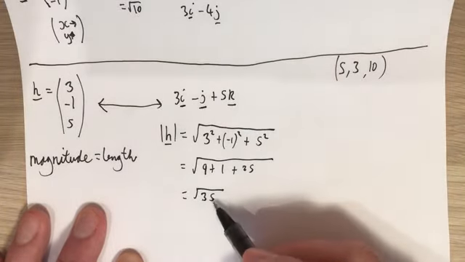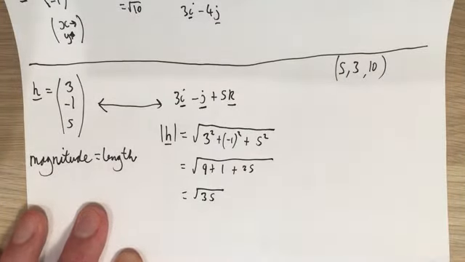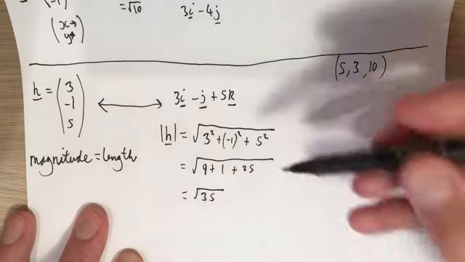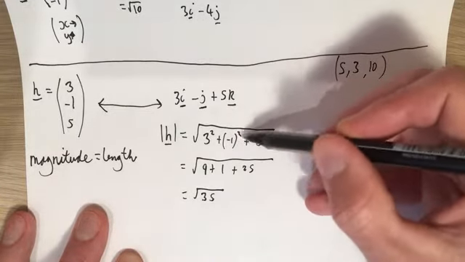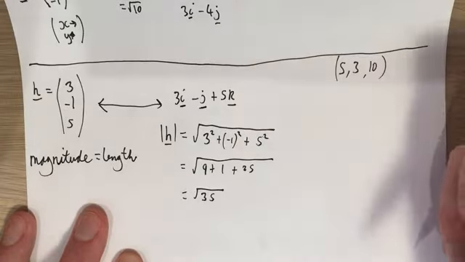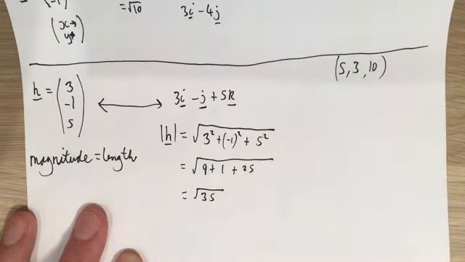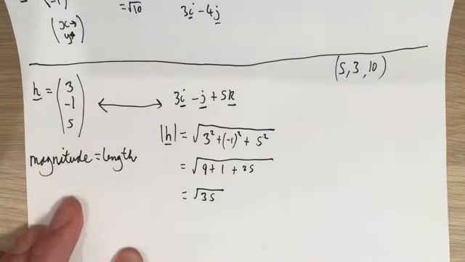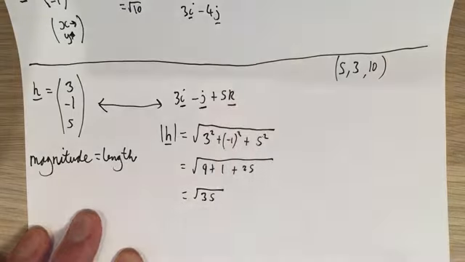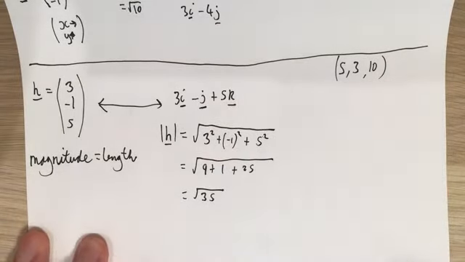Lovely number. I would leave it like that. So magnitude means length. You can do it by Pythagoras, which is basically you square all of the direction lengths, add them, and then square root the answer. That's how you work out the magnitude or length of a vector. It works if there's just 2 parts in the vector. It works if it's a 3D vector or coordinate as well.